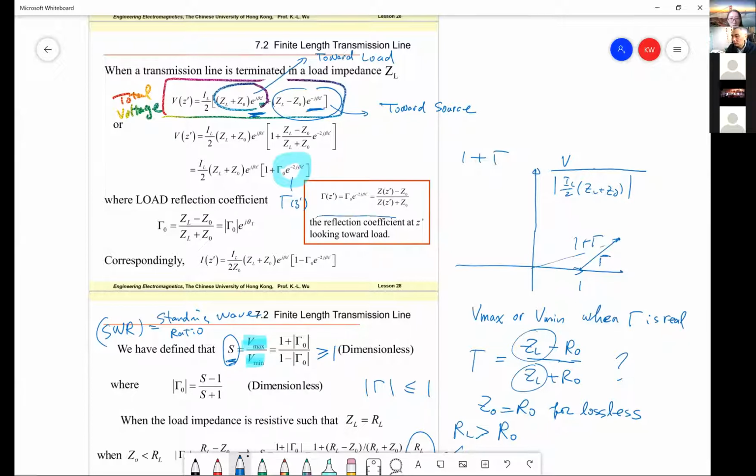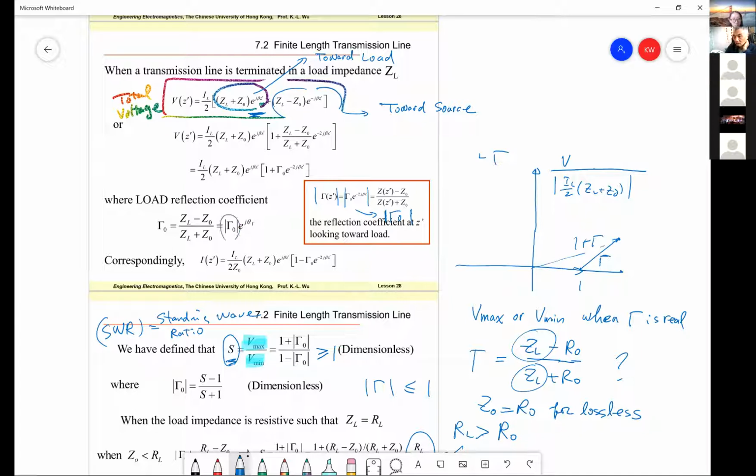Look at this definition. If I take a magnitude of this, so this magnitude equals this magnitude, right? Then if you look at this magnitude, what does it mean?